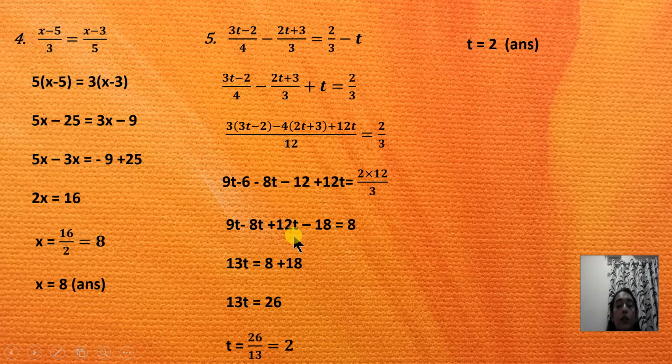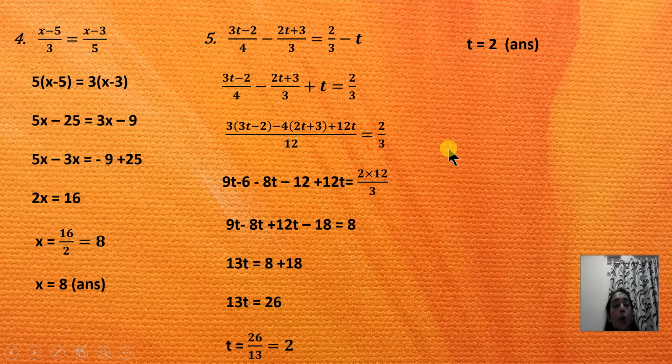So when I simplify this, I get 13t is equal to 8 plus 18. Minus 18, when it goes to the other side, will be plus 18. And 9t minus 8t is t, t plus 12t is 13t. So 13t is equal to 26. t is equal to 26 upon 13, which is equal to 2. So t is equal to 2 is the correct answer.